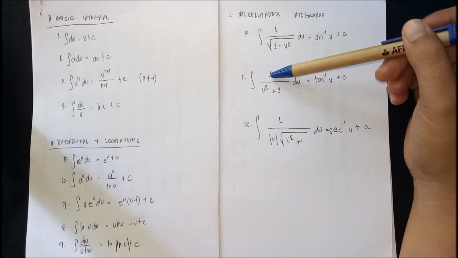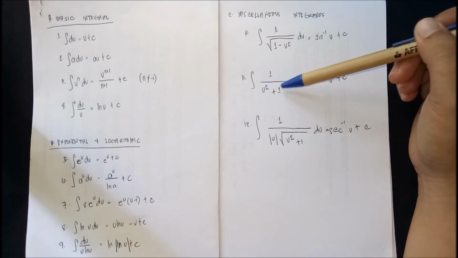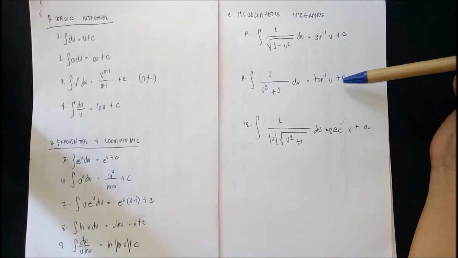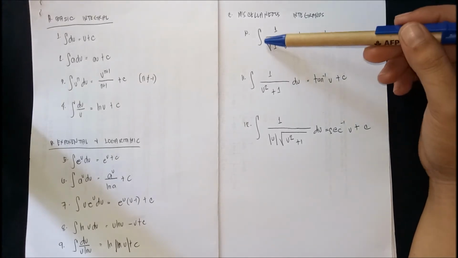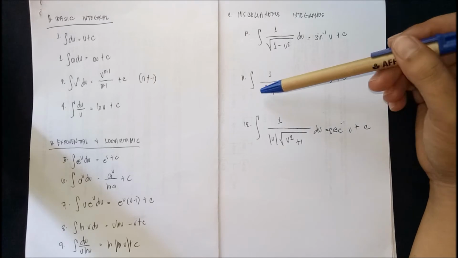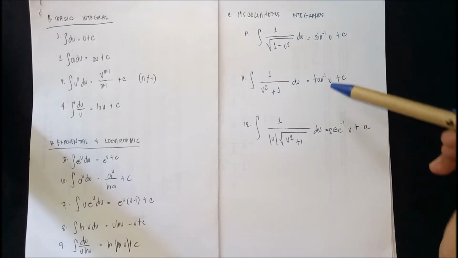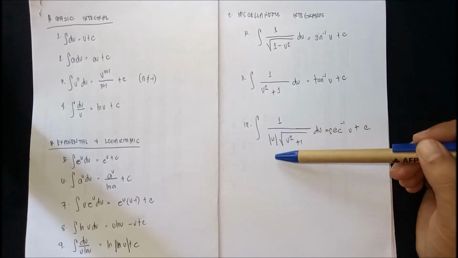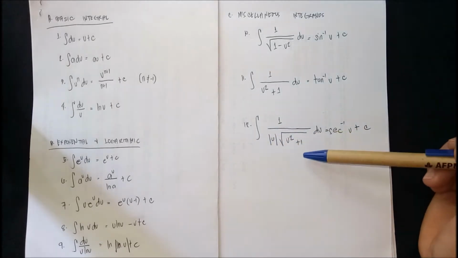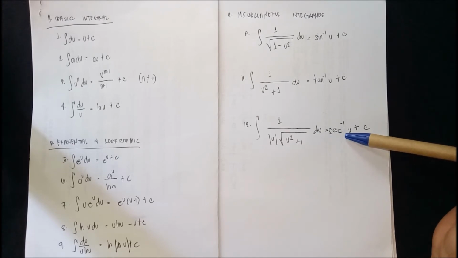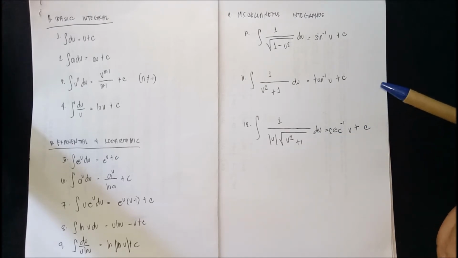When it is 1 over u squared plus 1 du, that is arc tangent u plus c. When there's a square root, that is sine; when it looks like this, that's tangent. For the integral of 1 over the absolute value of u times the square root of u squared minus 1, du, the equivalent is arc secant u plus c.